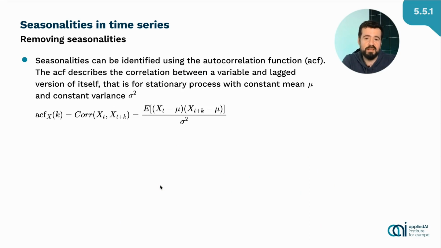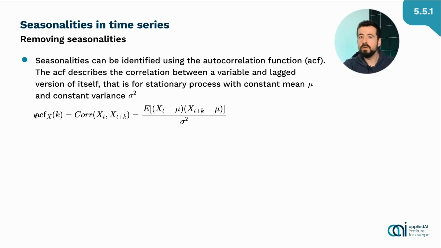Sometimes this is more challenging, and there are certain tools available to help you identify seasonality. One of the most important here is the autocorrelation function, which describes the correlation between a variable and its lagged version. So here we need that the process itself is stationary, at least in mean and in variance.